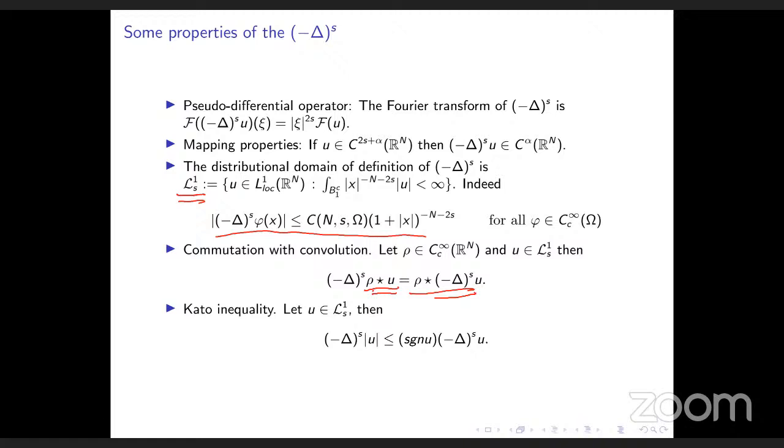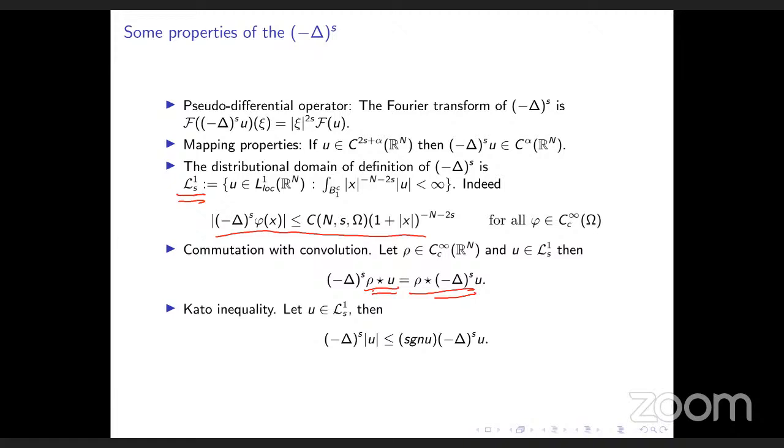This can be proved using the Fourier transform or simply using the symmetry of the integral. It's a very nice thing to have: if you have functions which are somehow harmonic, you do not need to consider distributional solutions, but you can simply consider C-infinity solutions. You prove what you want to prove, and then you pass to the limit.